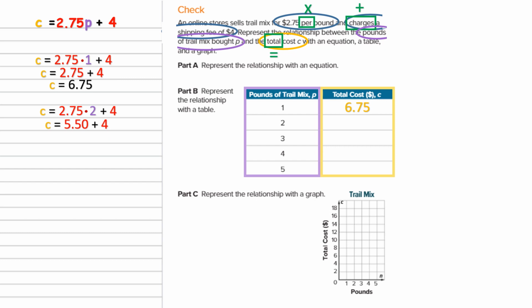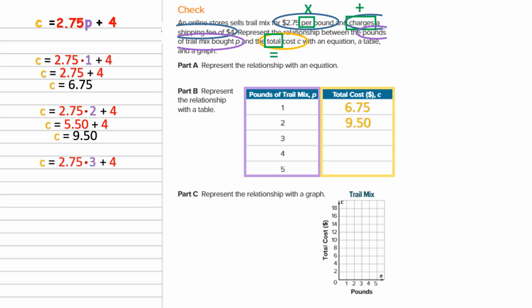Then I have to add the 4 to it. That would, once again, be the same as adding 4.00, or I simply add the whole numbers and I leave those decimals alone. And I have 5 plus 4, which is 9, so I have $9.50. So if I order 2 pounds of trail mix, I know it's going to cost me $9.50.